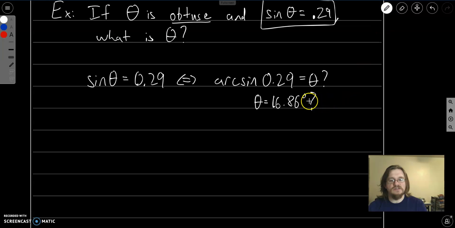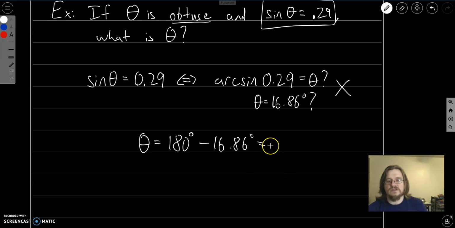So the answer is no, this isn't what I want. Theta is in fact equal to 180 degrees minus 16.86 degrees, which, if I do the math, I should get 163.14 degrees. So this is an obtuse angle. It's between 180 degrees and 90 degrees. So here's my answer.